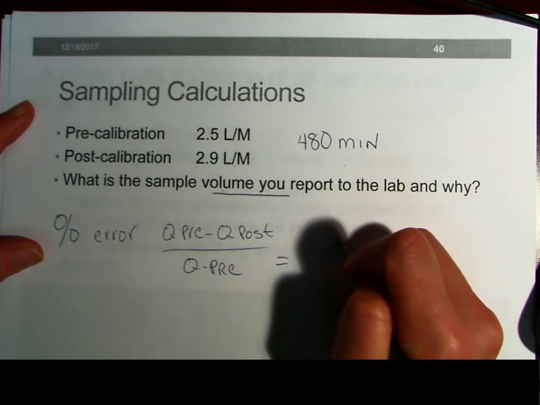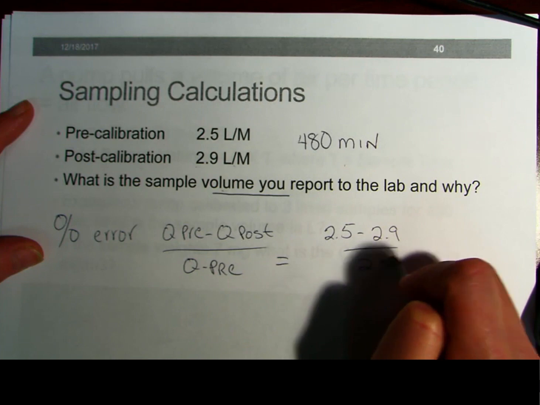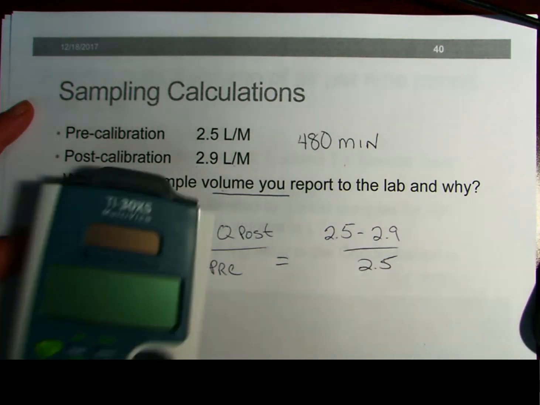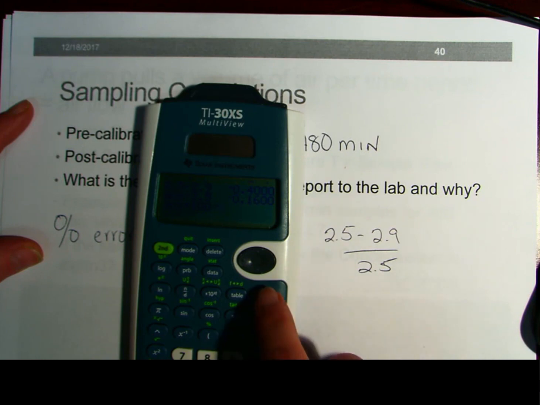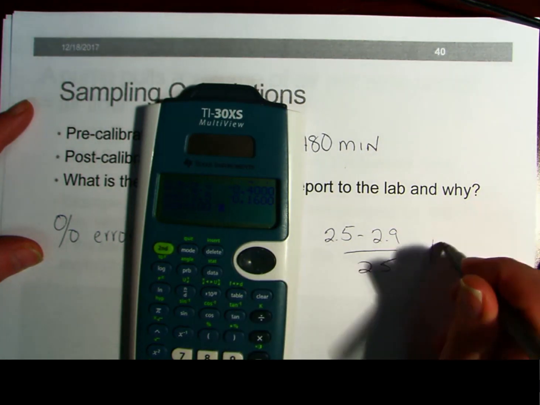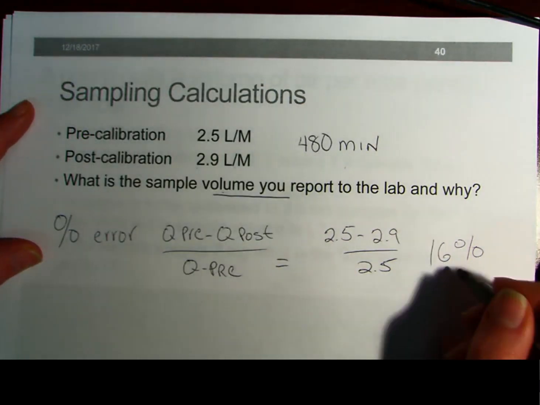So we have our 2.5 minus 2.9 over 2.5. So we have a 16% error.